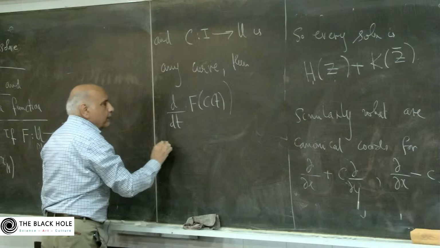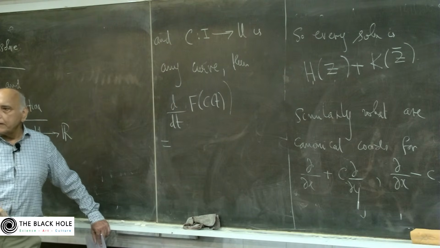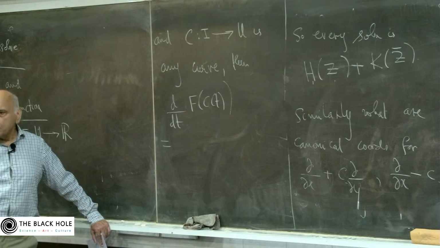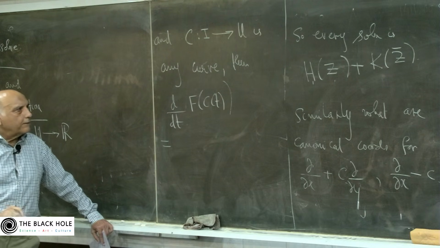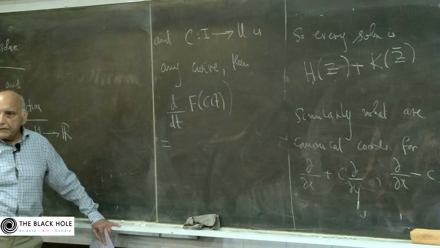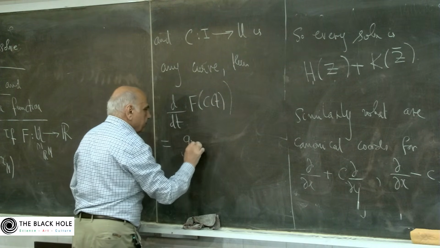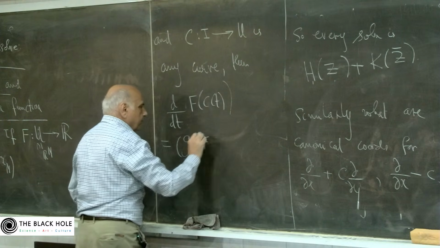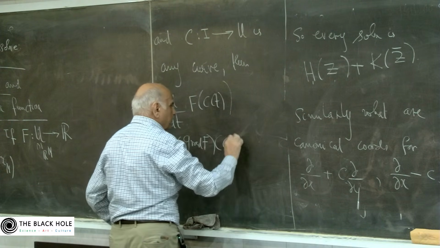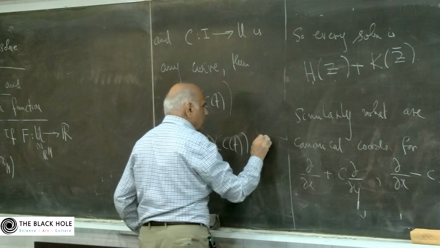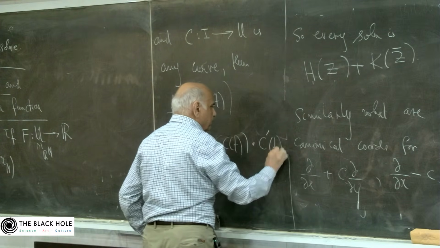What was it? It is the gradient of f at C of t dot C prime of t. Okay.